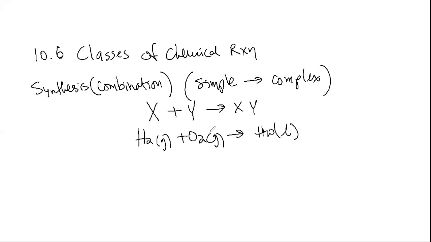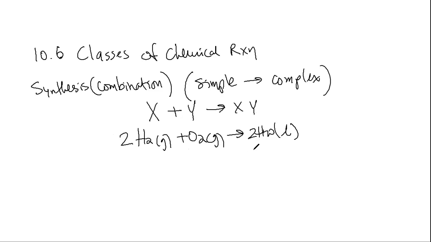Again, this is not balanced, but this is now balanced. Now look, we got simple elements, hydrogen, oxygen, and now we form a more complex substance, which is in this case H2O, water, a compound.